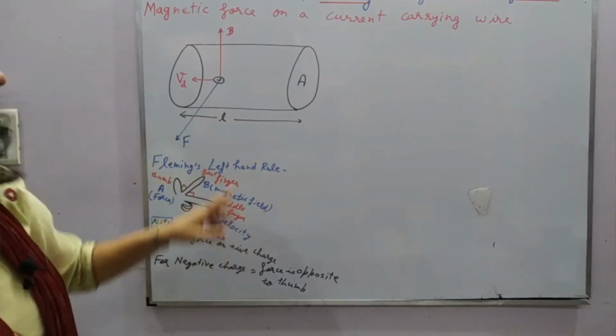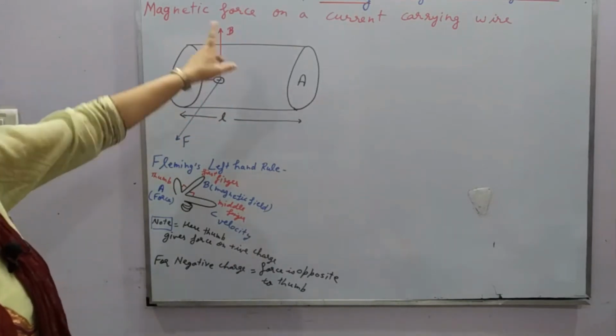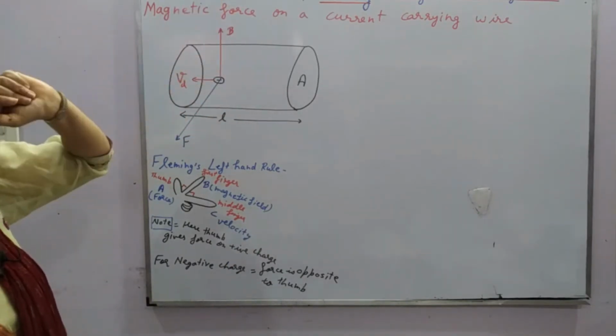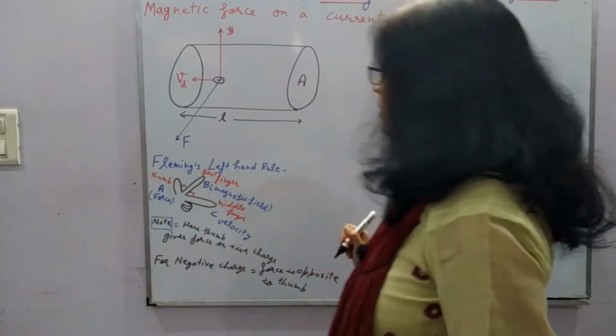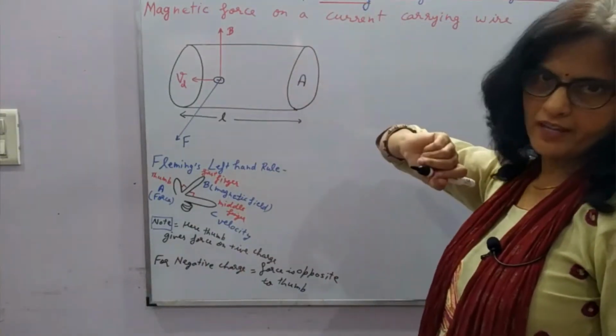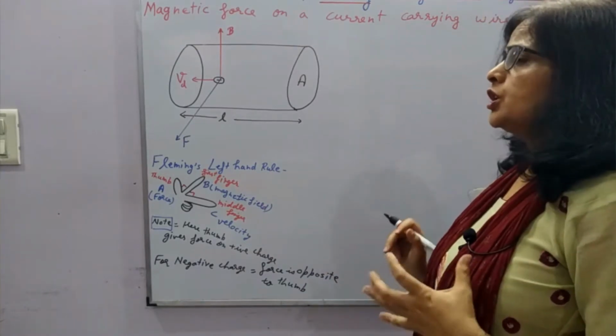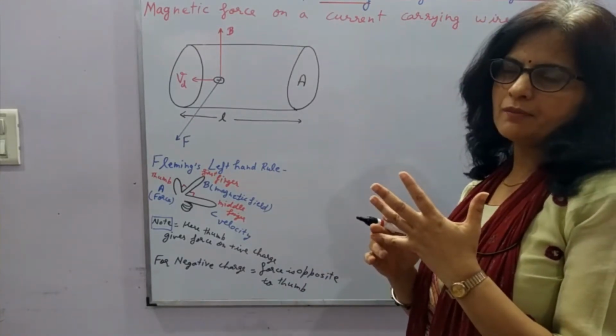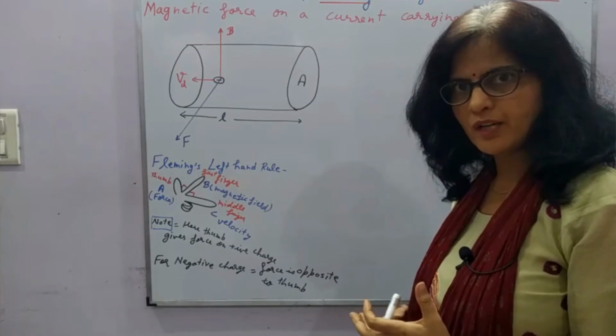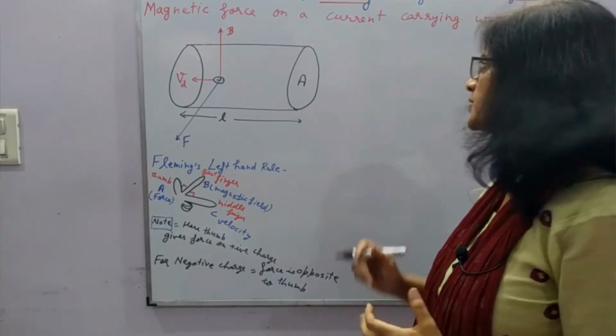So now let's come back to this case where we have to find the magnetic force on a current carrying wire. We know that this is a part of the wire, right? It has many electrons, right? So we will have to find something which helps us in calculating the total force on this wire.